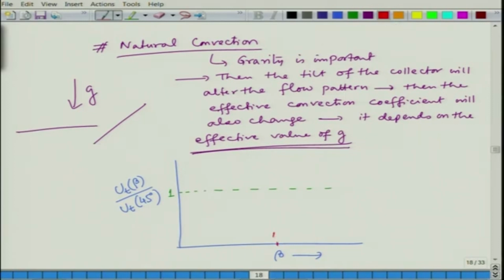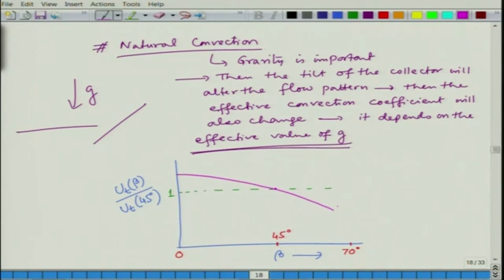Let us say here we have 45 degree, this is 0 degree and this is 90 degree. So, let us say this is 70 degree. Okay. So, if we plot this, here it will cross it.